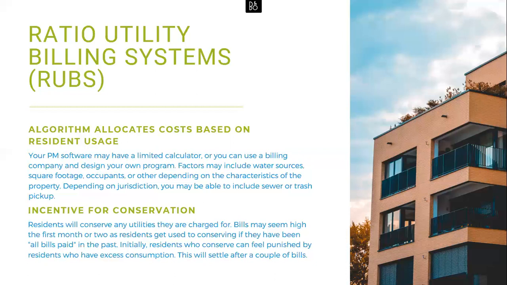Very good question. With ratio utility billing, you can control how much you bill back to your residents. That's kind of the great thing about it. You can take a look at what would happen to the average bill, for example, if you put in what's called a CAD, or a common area deduction.